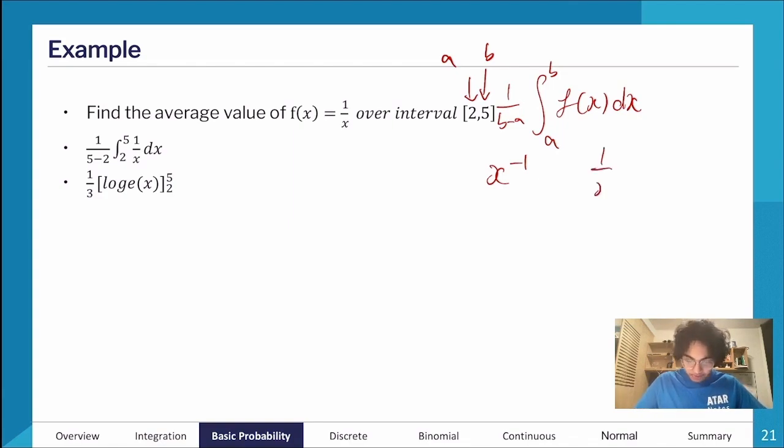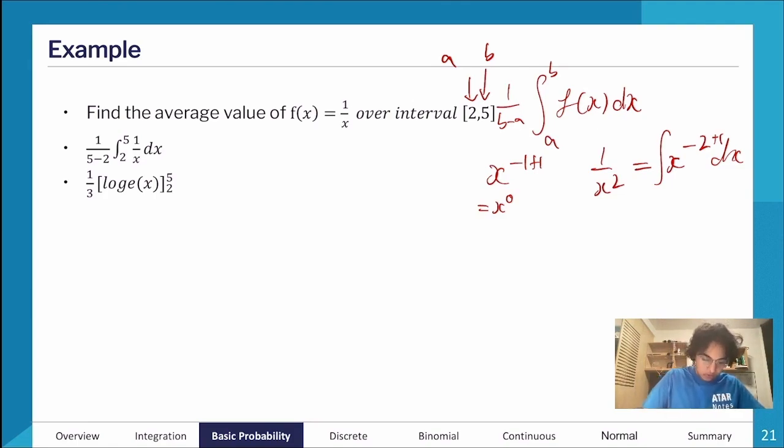If you have 1 over x squared, you can convert that to x to the power negative 2 and integrate that like a polynomial, because you add 1 and divide by the resultant, in this case negative 1. But with this, if you add 1, this is just x to the power 0, and you can't divide by 0. Luckily the integral of 1 on x ends up being the natural log of x.